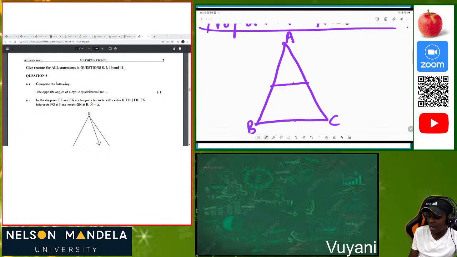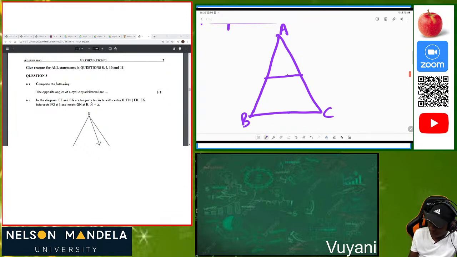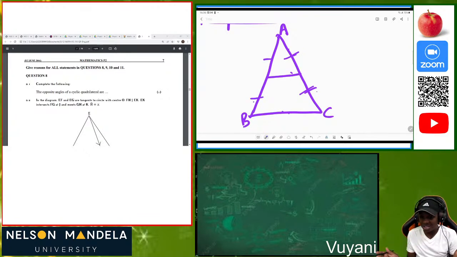So I draw my parallel line here, parallel to one side of the triangle. Now it divides the other two sides in the same proportion. In other words, the lengths of these two parts are equivalent to each other, and these two lengths are also equivalent to each other.